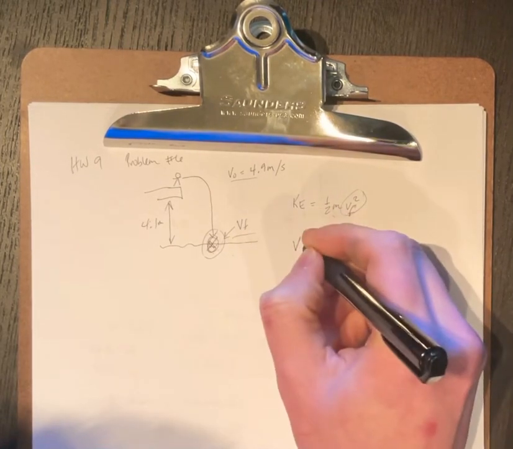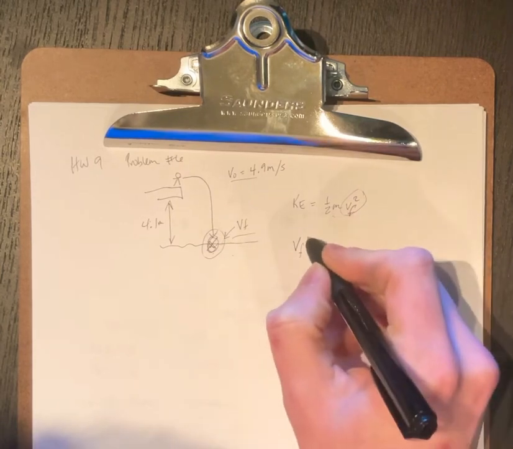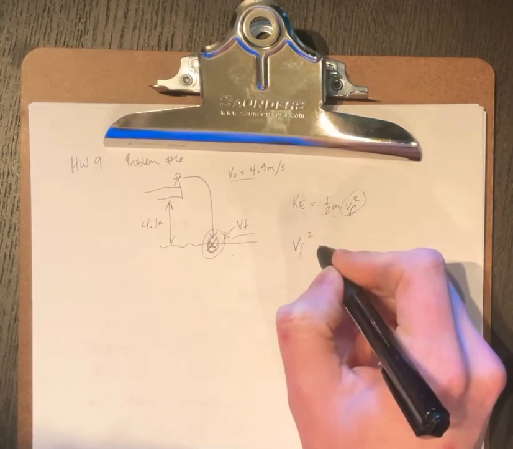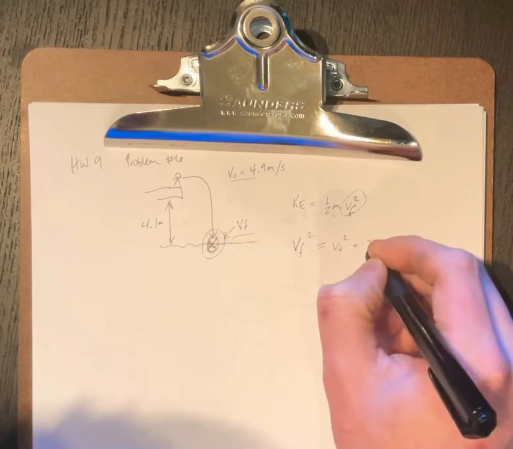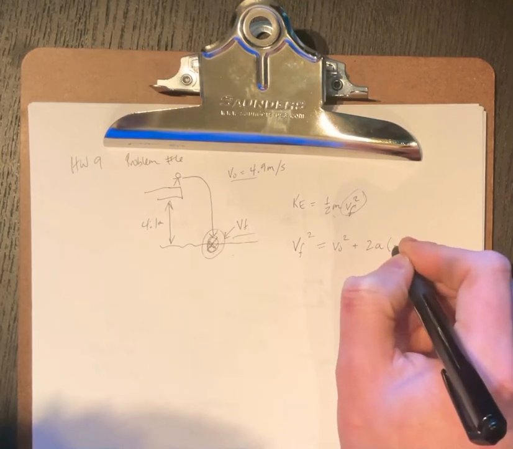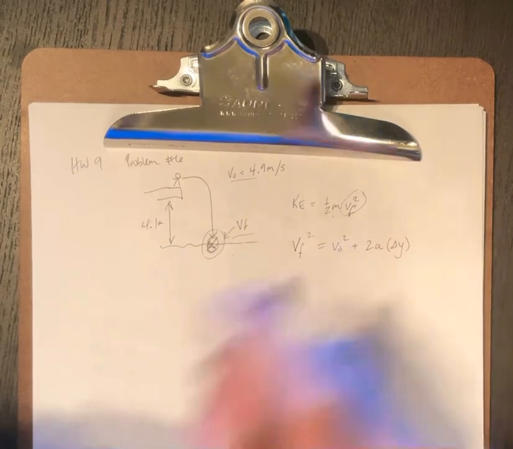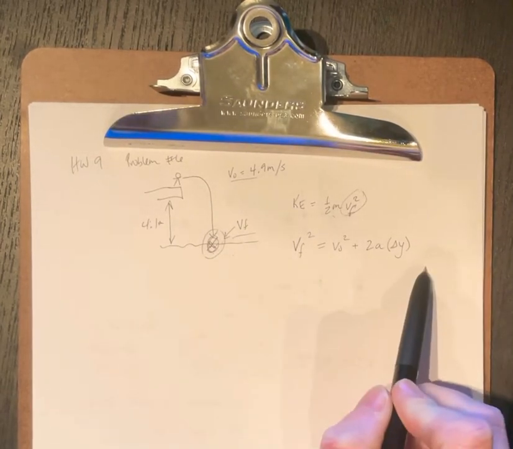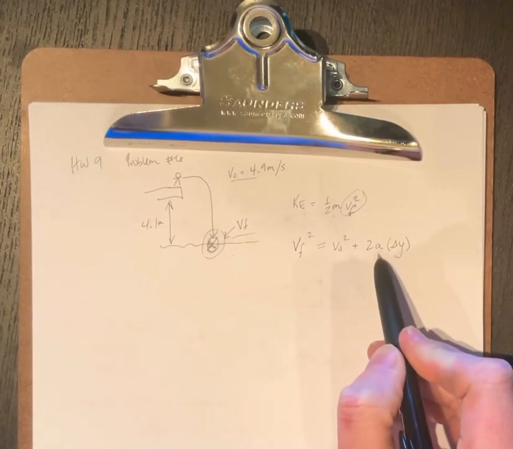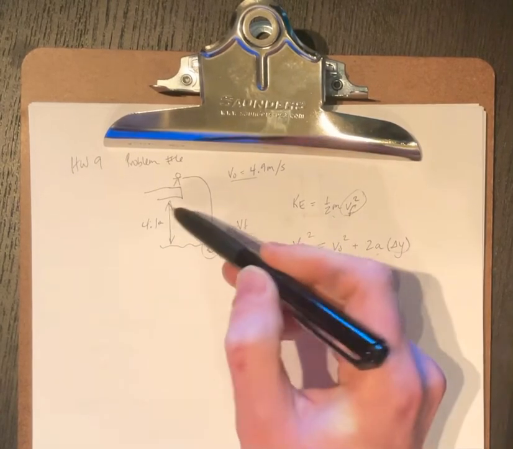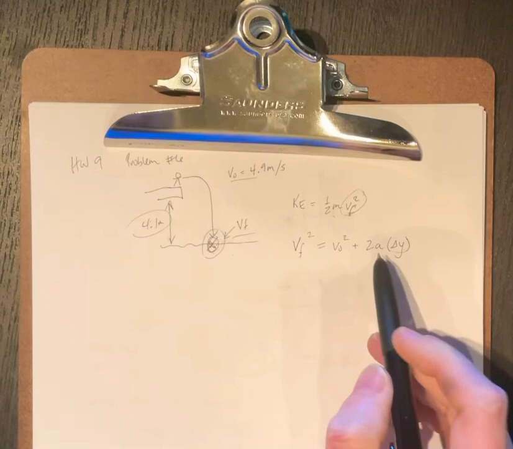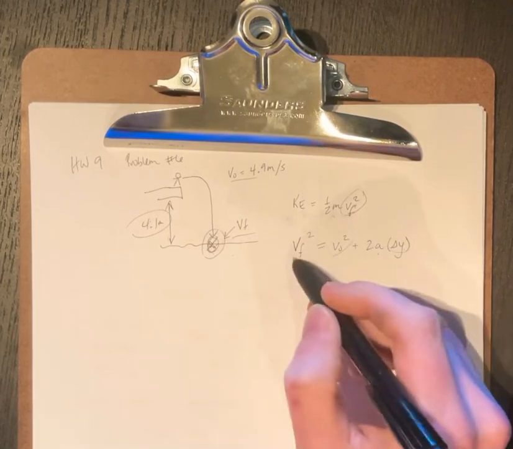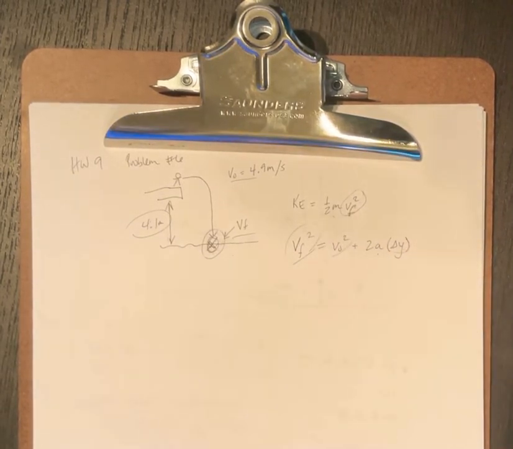And so probably the best formula for this would be Vf squared equals V naught squared plus 2a change in y. The reason why we want to use this one is because we have an acceleration, which is gravity. We have a height because they're falling this distance. We have an initial velocity, and we're looking for the final velocity.